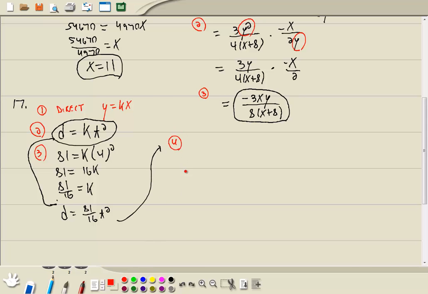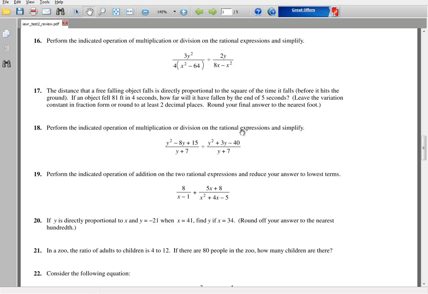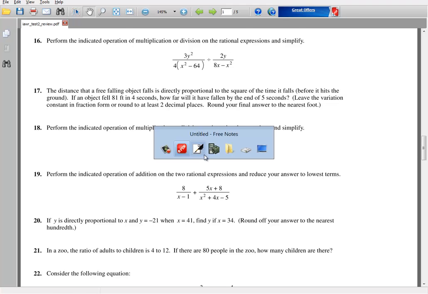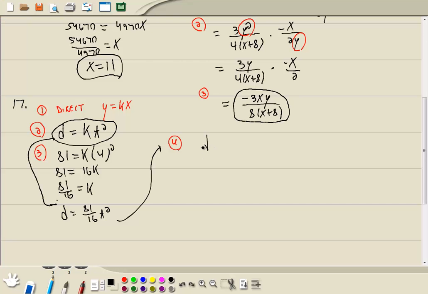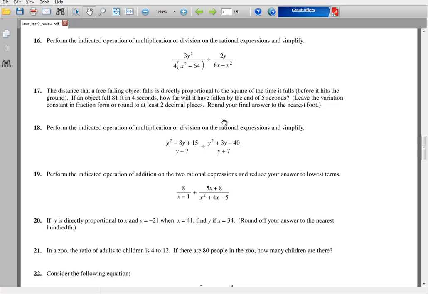Step 4. Find what they really want. How far will it have fallen by the end of the 5 seconds? So how far, it wants to know the distance. D is equal to 81 over 16, and I think it said 5 seconds, so put 5 in for the t. Leave the variation constant in fraction form.